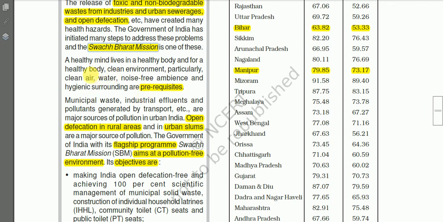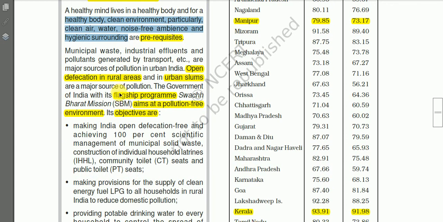So to have a healthy mind and a healthy body, we need a very clean environment, clean air, clean water, a noise-pollution-free environment. We need good hygiene of our surroundings.